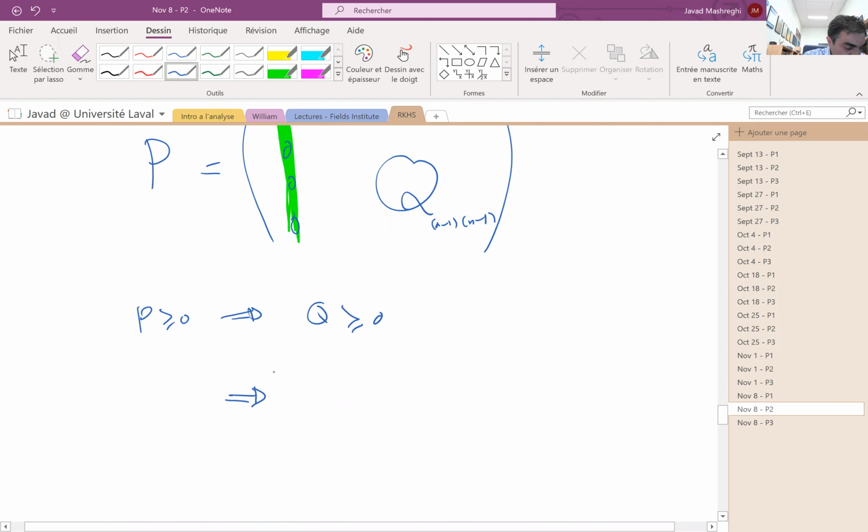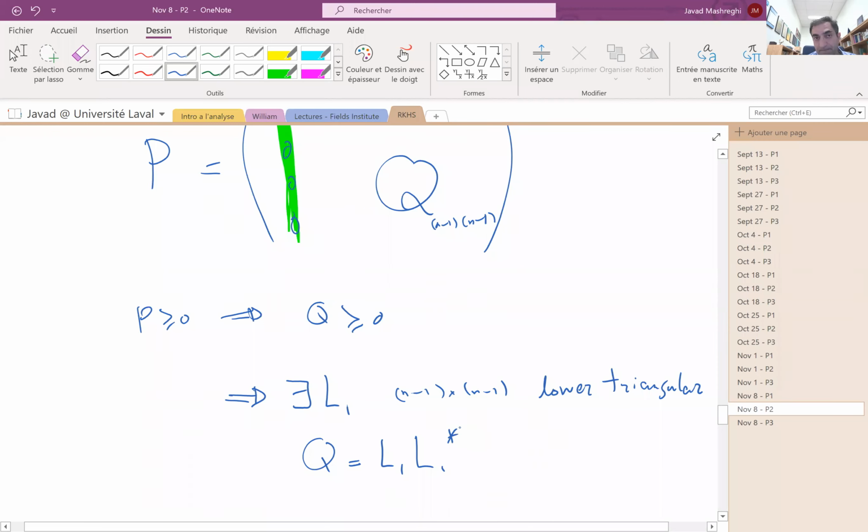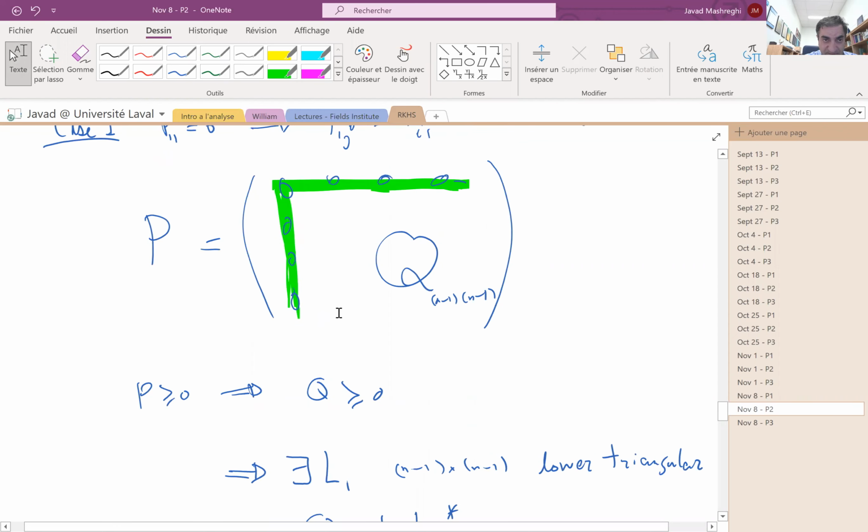So there is a matrix L1, n minus 1 times n minus 1, lower triangular, such that Q is equal to L1 L1 star. And now we define L precisely as we have for P here. Instead of Q, we plug in L1.